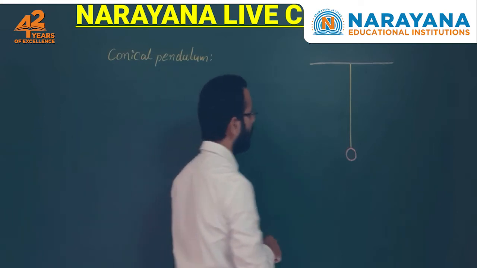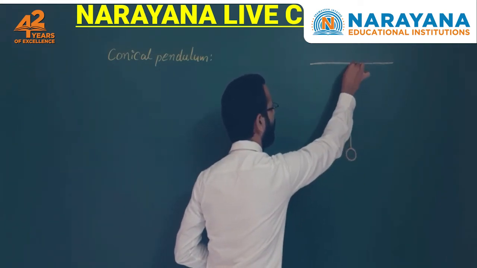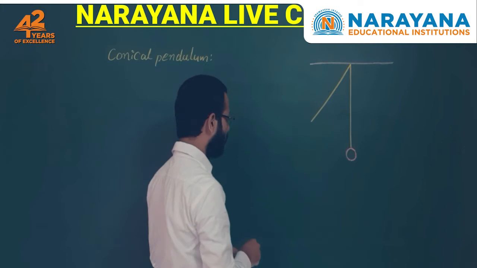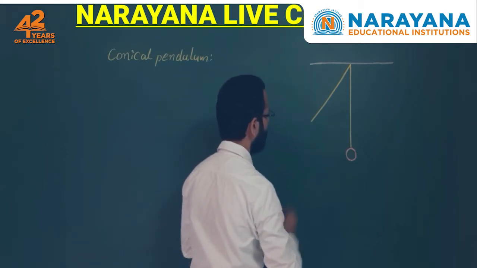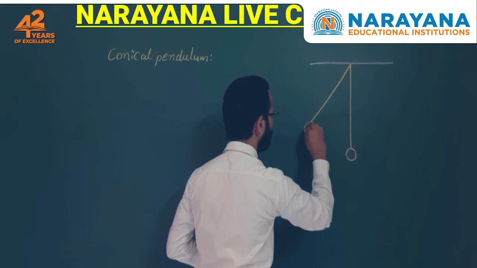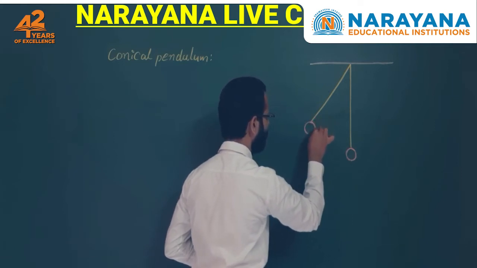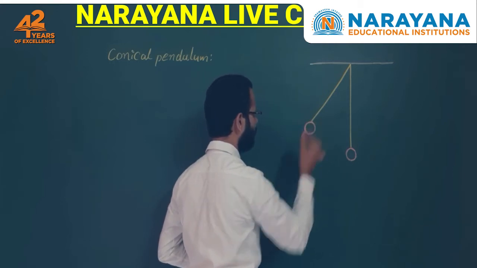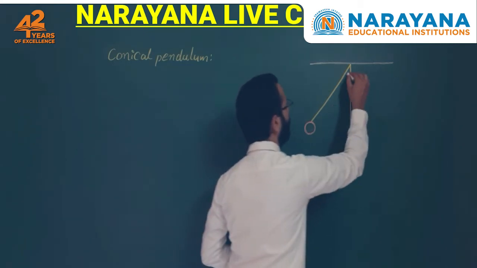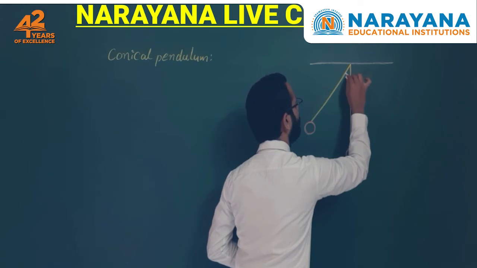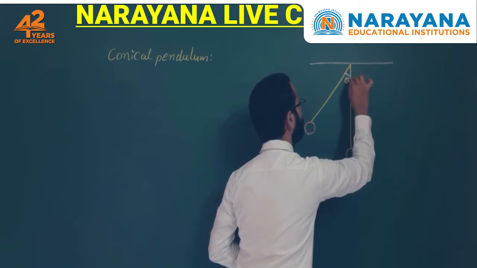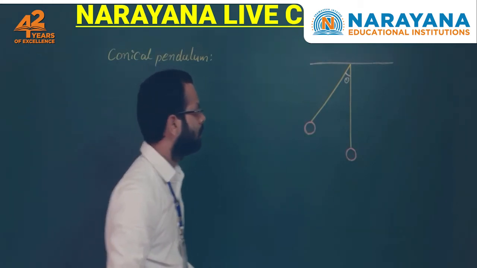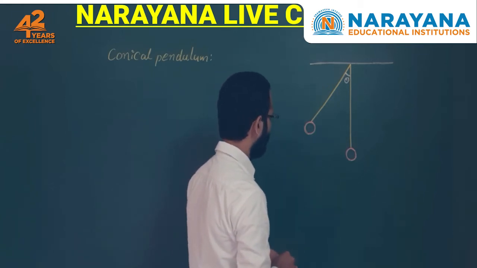Let us see, if we give a horizontal push to the bob, the push is given to the bob at an angle of theta to the horizontal. Now the bob describes a horizontal circle.